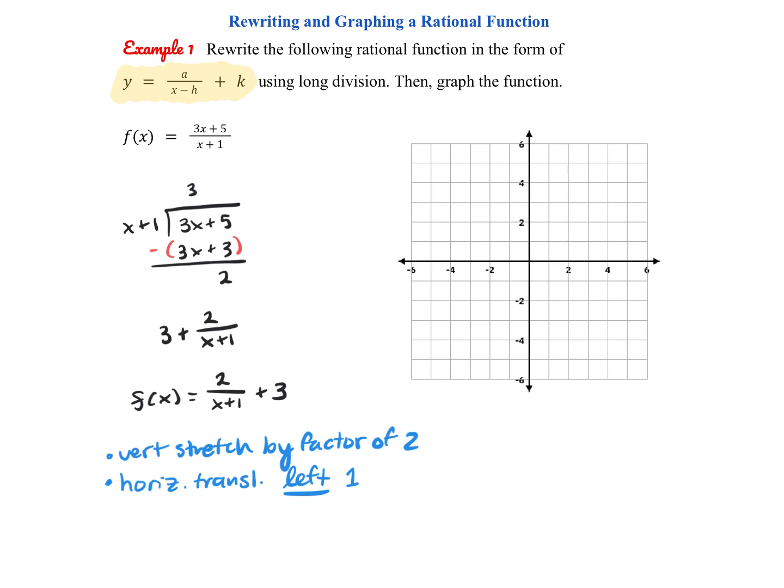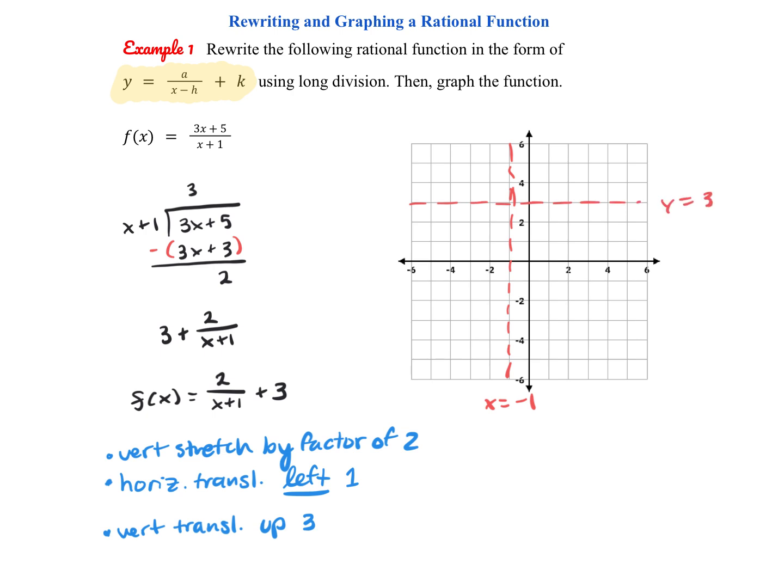So I'm going to sketch in that vertical asymptote at x equals -1. And then we also have a vertical translation up 3, the plus 3 at the end. And remember, originally our parent function has a horizontal asymptote at y equals 0, so that will get shifted up to y equals 3. So you can sketch that in as well.